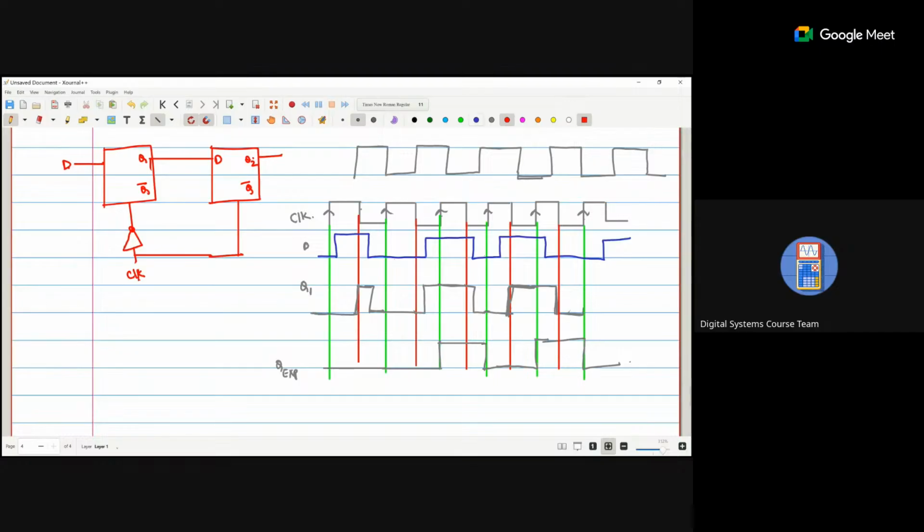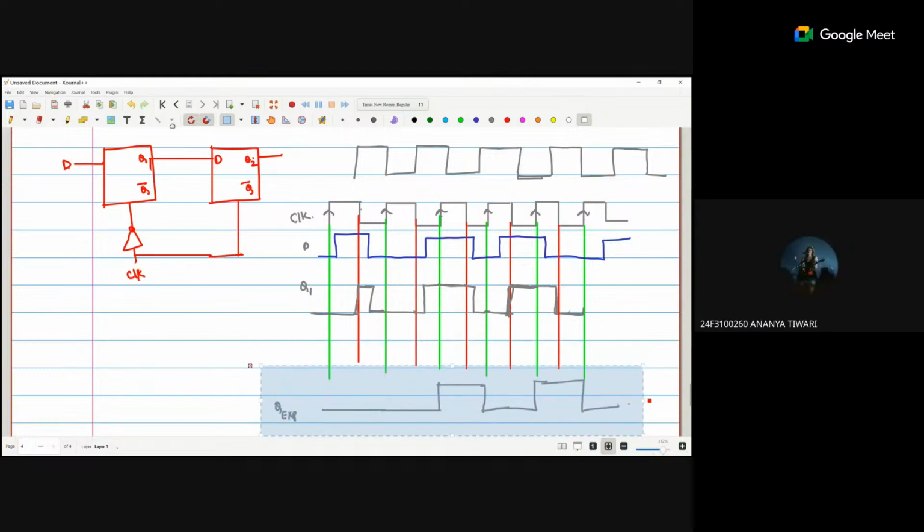Any doubt in Q1? Now, for the second flip flop, Q1 is the input. It works so that when the clock is 1, the output follows Q1. If the clock is negative, there is no change in the output.